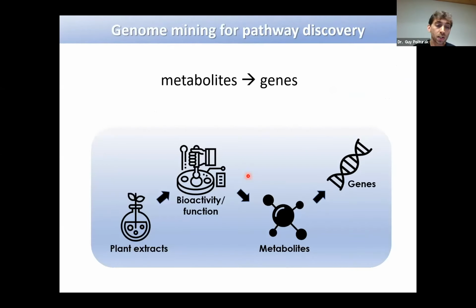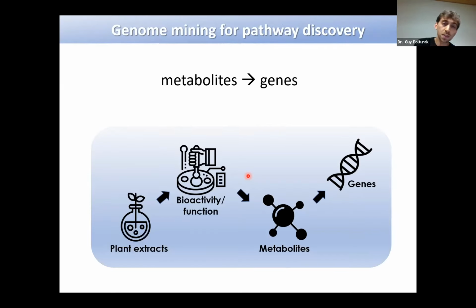So for example, traditionally, plants which have interesting activities would be studied. The metabolites that are responsible for these activities would be identified by chemical analysis tools. And finally, the genes which make these metabolites would be characterized.